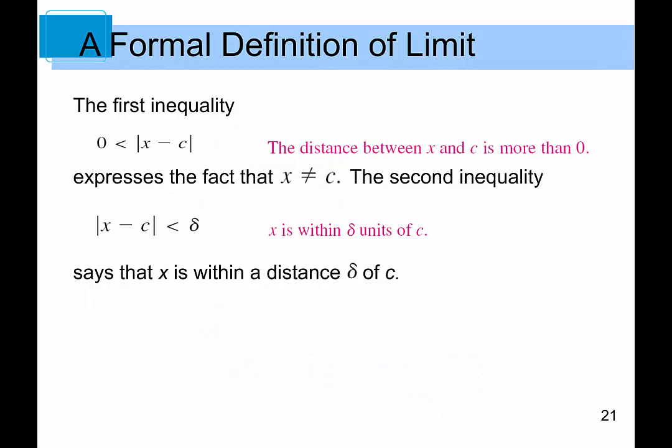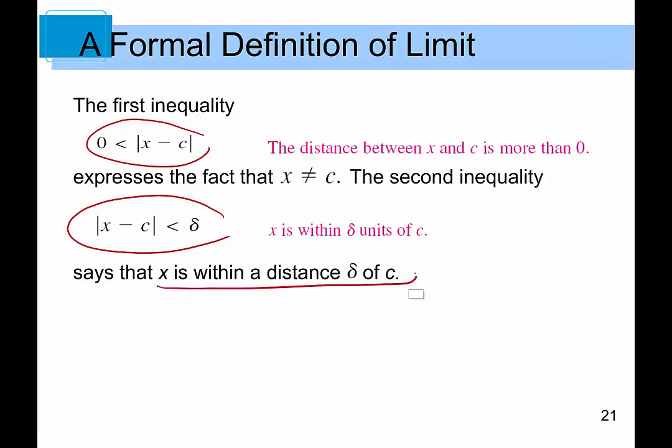And that's just a summary of what we just did, right? First inequality is this: absolute value of x minus c is greater than 0. Second inequality is absolute value of x minus c is less than delta. So x within a distance of delta of c.